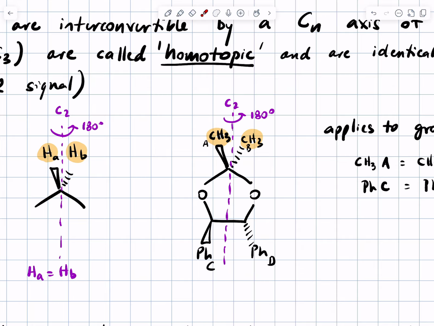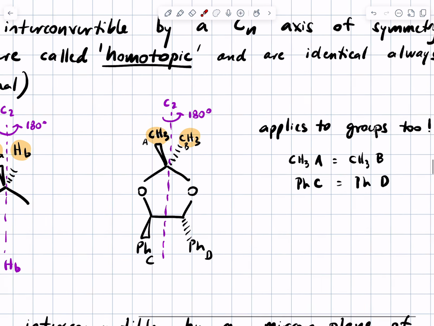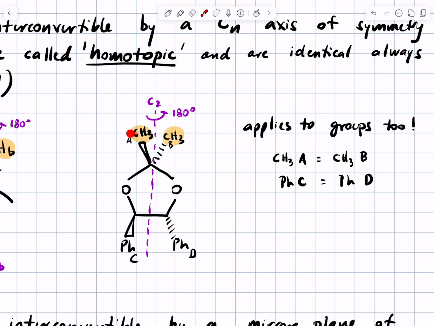When we rotate around that axis of symmetry, we have exactly the same thing. So therefore, methyl group A and methyl group B are homotopic, always the same. We would get just one signal. And then phenyl group C and phenyl group D, benzene rings C and D, are also identical to each other.